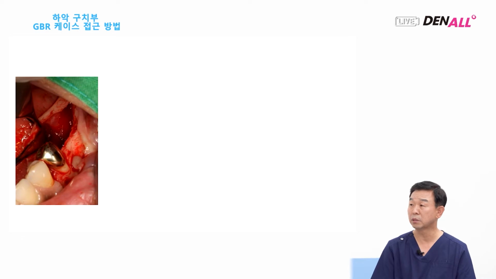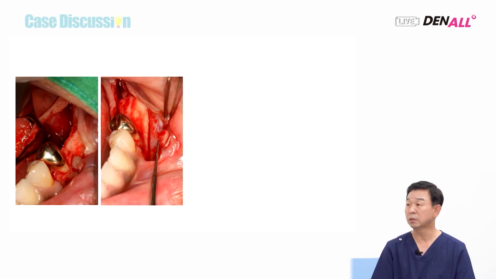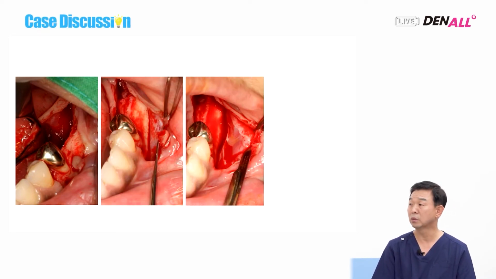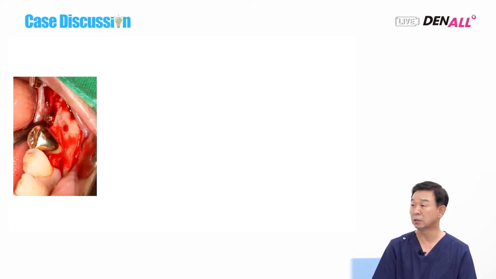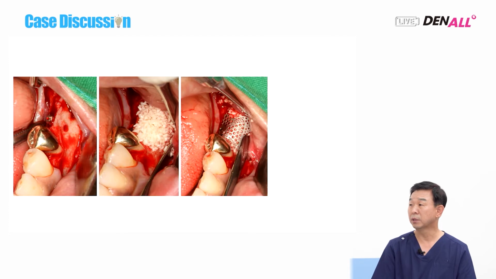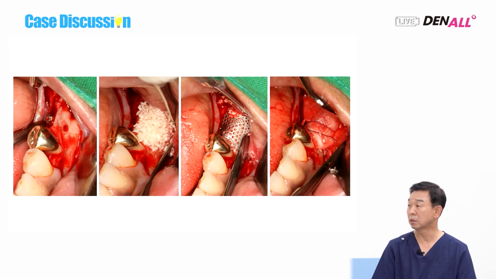GBR in the lower posterior region: lingual and buccal periosteal incisions are very important, and then bone grafting. SmartBuilder is positioned. If necessary, a resorbable membrane can cover the site.